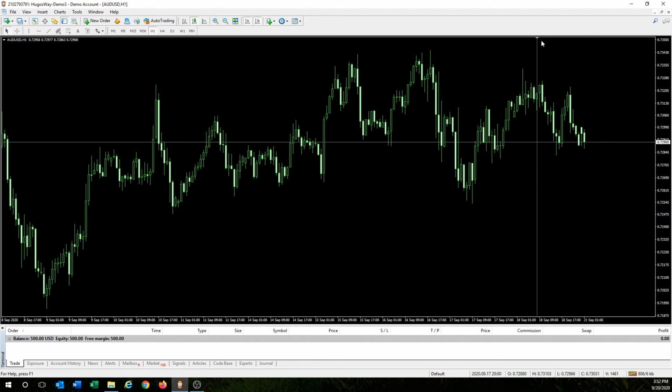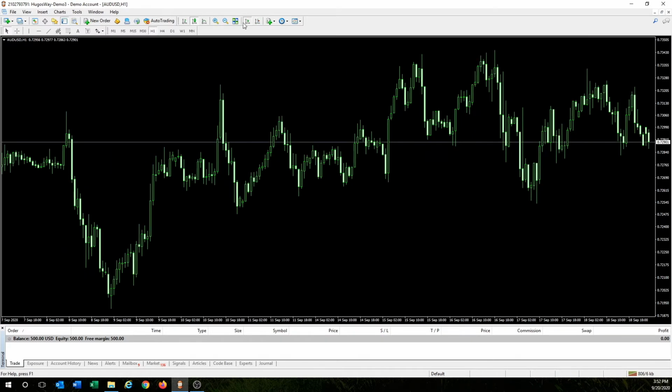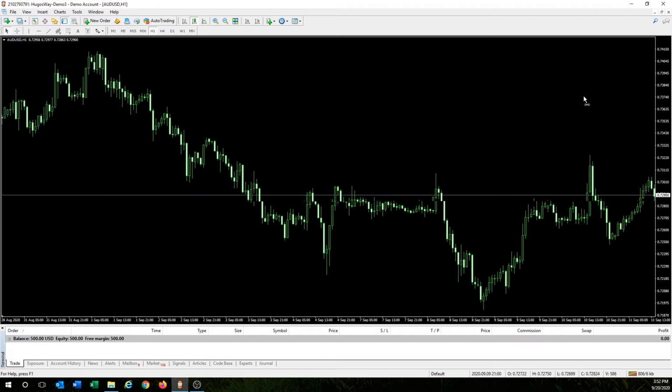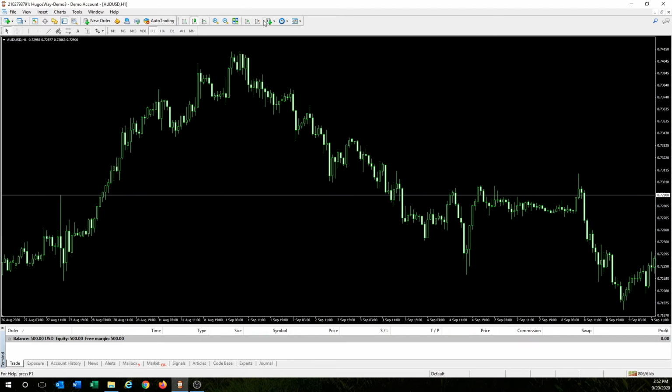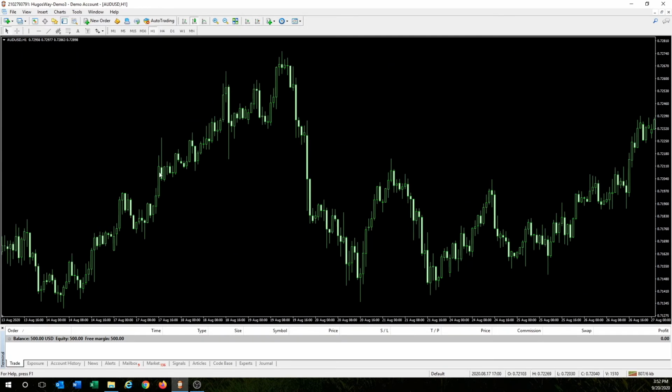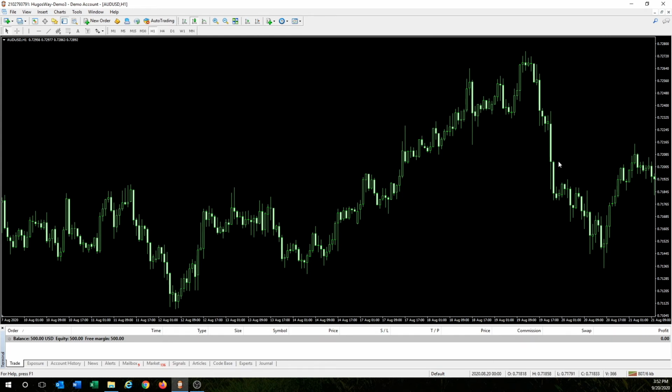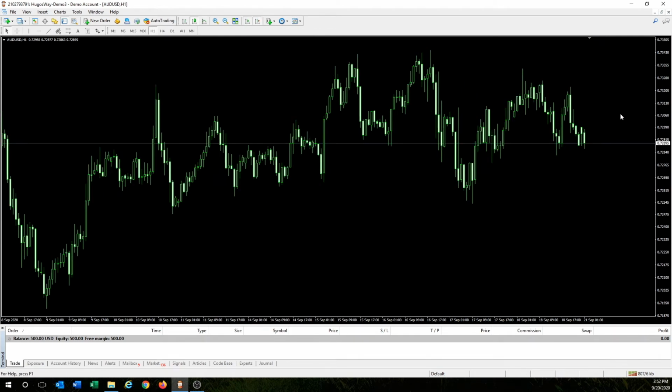Actually, I want you to move it all the way right, because I like just a little gap. I don't like too big of a gap. So again, let's review. If you want to scroll back in the past, you have to unselect these two. If you want the chart to snap back into real time, just have those selected, and the chart price will always stay in this position.